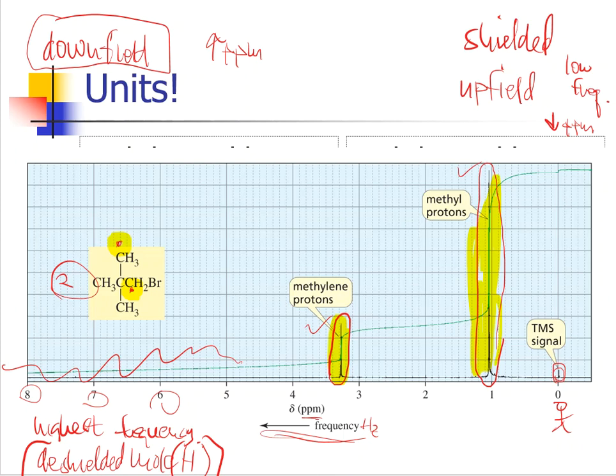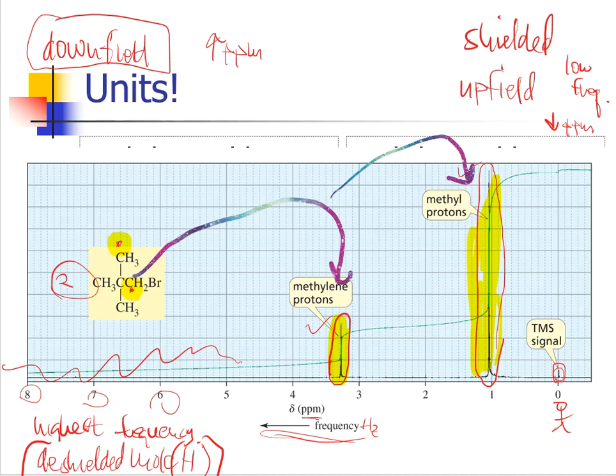Is that CH2 group this signal or is it this signal? And is there a rhyme or reason on how I can figure this out and predict this lineup before we're even given the NMR, right? How do I make sure that this thing is going to match the way that it's supposed to match? That is what this next topic is going to be about, right?